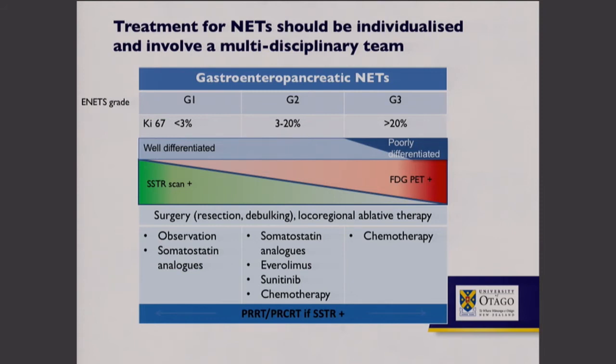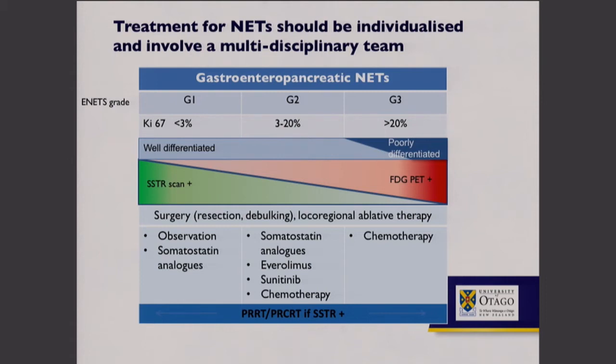If we had all of the treatments that we could possibly have for these tumours, this is pretty much where we would sit at the moment. But again, it's one of those areas where things are evolving a lot more rapidly than what they have done in the past. So what we're going to talk about now is the treatments that we could use, and then I'll finish by explaining what we've actually got in New Zealand at the moment.